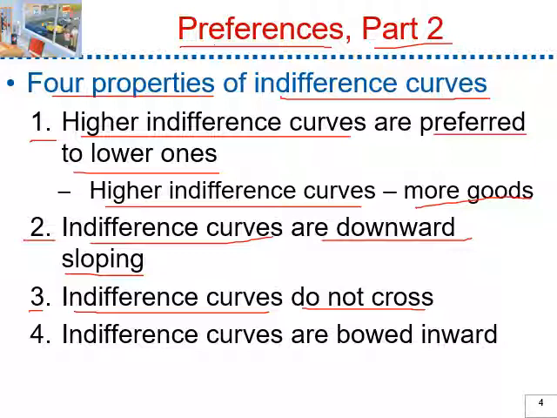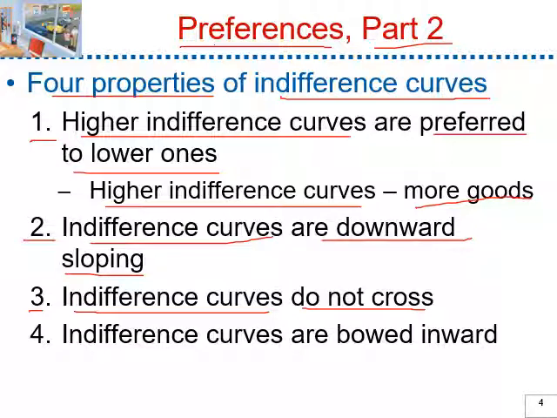In addition, because point B is on the same indifference curve as point C, these two points also make the consumer equally happy. But this conclusion implies that points A and C will also make the consumer equally happy, even though point C has more of both goods. This contradicts our assumption that the consumer always prefers more of both goods to less. Therefore, indifference curves cannot cross.